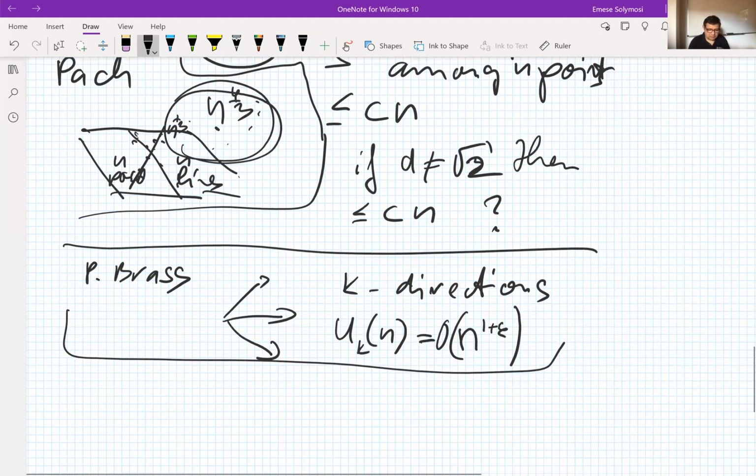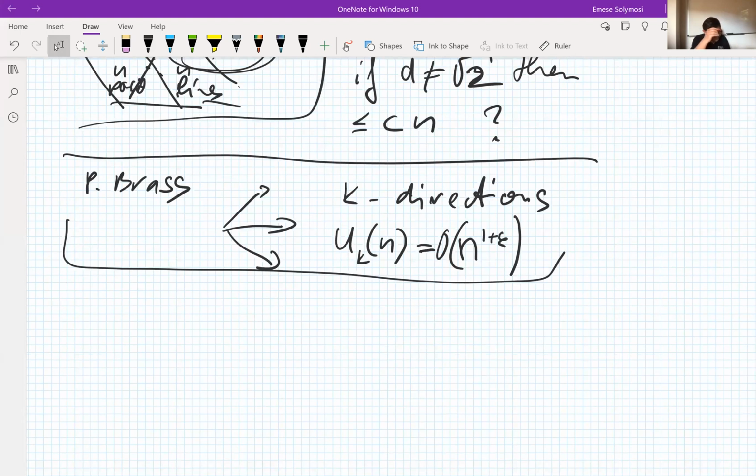And there are two papers. I'm sorry, but if you have k directions, then isn't the degree of every point just 2k at most or something? Yeah, I'm a little confused now. It seems that this is like a trivial result.